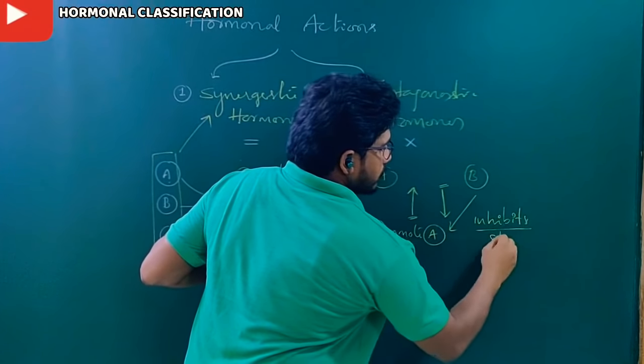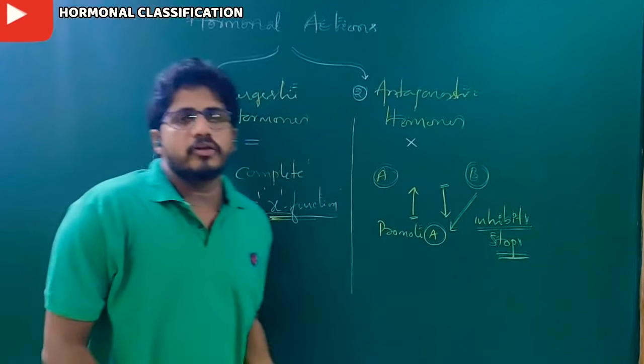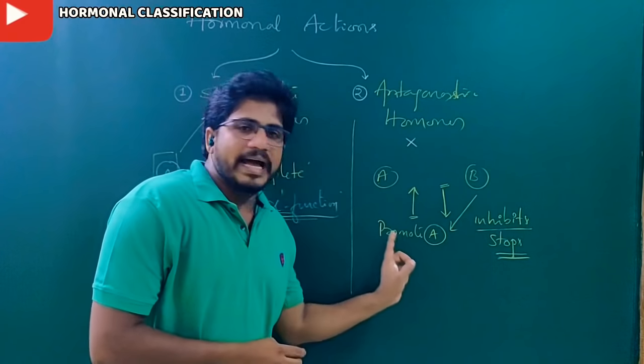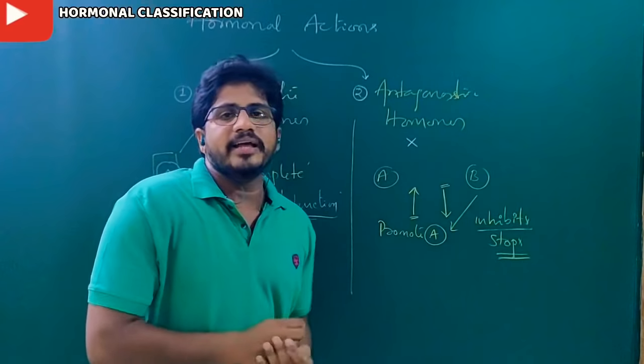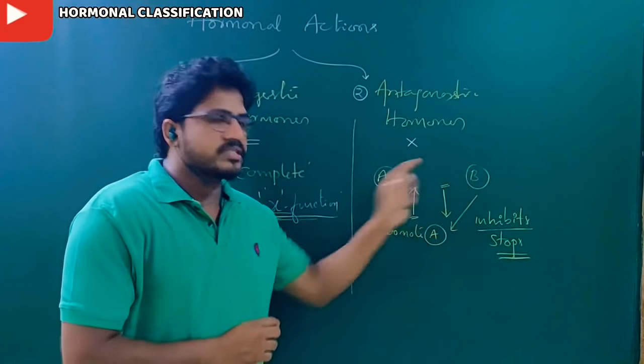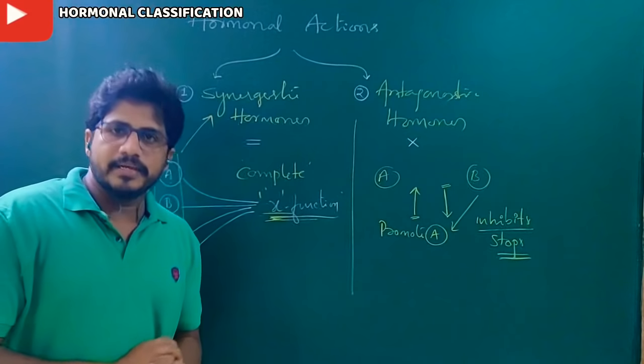Inhibits means it stops. So we can call that antagonistic. One hormonal action can be stopped or inhibited by another hormonal action. Then that set of hormones is called antagonistic hormones. This is the basic vision.